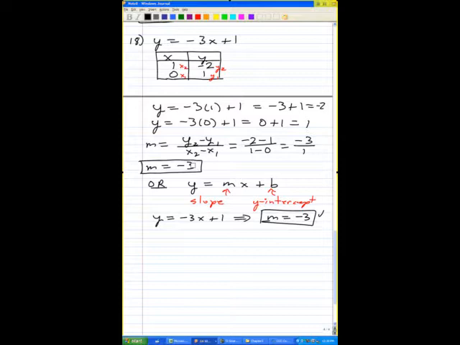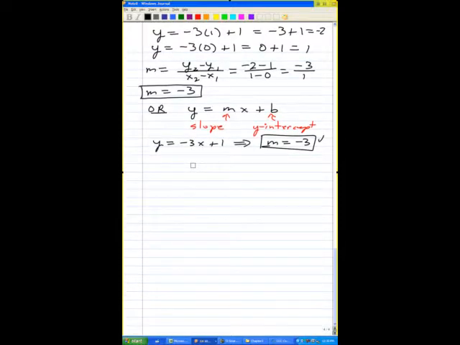Okay, let's do another problem. Let's do problem number 22. Negative 3x minus y equals 2. So let me subtract 3x from both sides.